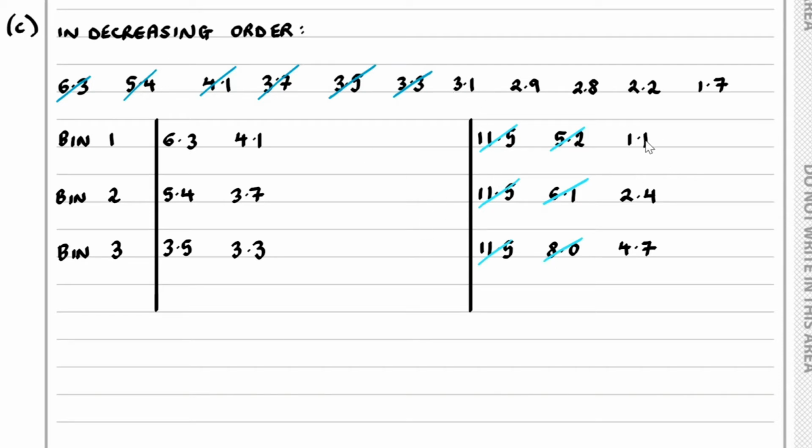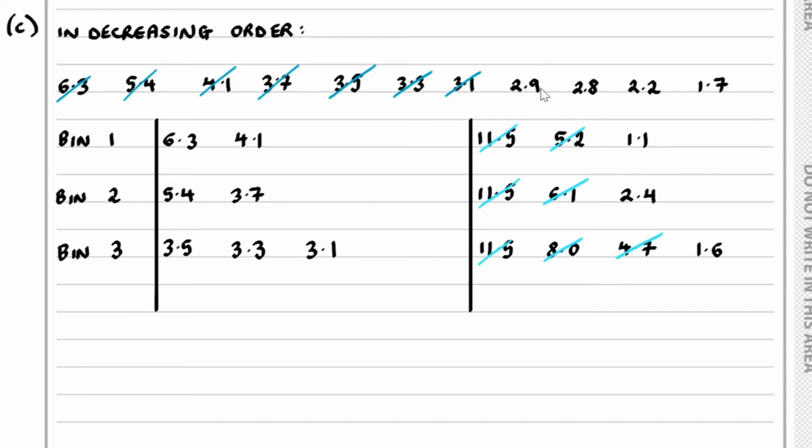There's not enough space in bin 1, there's not enough space in bin 2, however there is enough space in bin 3. So we can put the 3.1 here, which would leave a space of 1.6, and the 3.1 can be crossed off here.